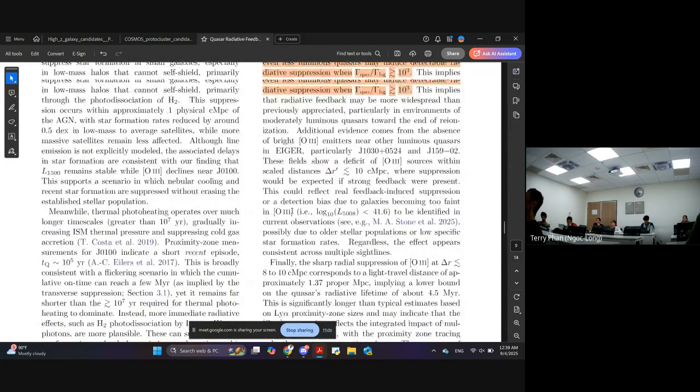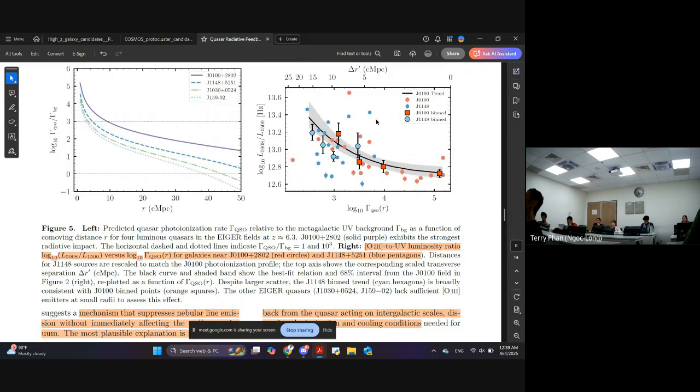Also, I should mention that the red squares show the J100 data that we got, and the blue hexagons show the same data from another nearby quasar.